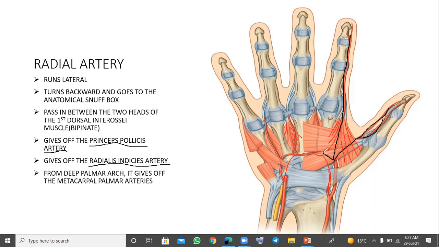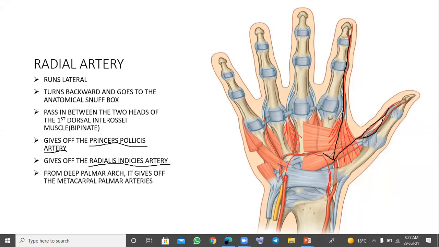So basically, you have two arches on the palmar aspect of the hand. You have the superficial palmar arch formed mainly by the ulnar artery and anastomosis with a branch coming from the radial artery. Then you have the deep palmar arch formed mainly by the radial artery.